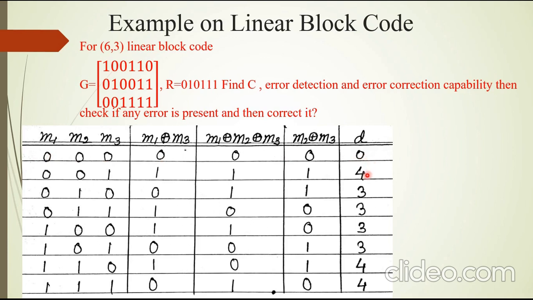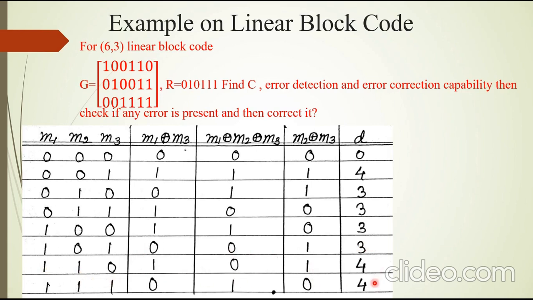Here it is 4, because the number of 1s is 4, so the distance will be 4. Here the number of 1s is 3, and here also 3, also 3, and also 3. Here the number of 1s is 4, so the distance will be 4, and here also 4.